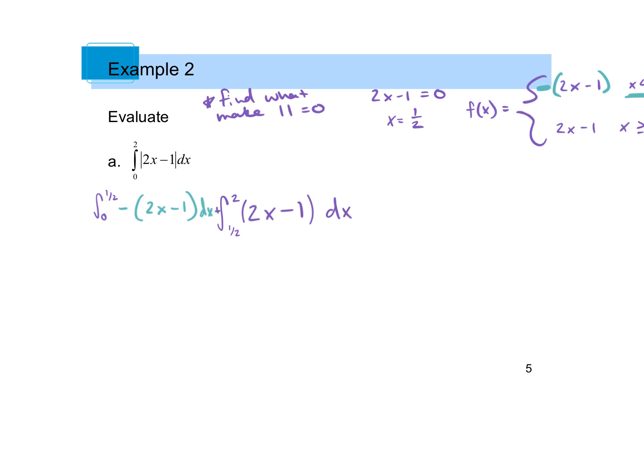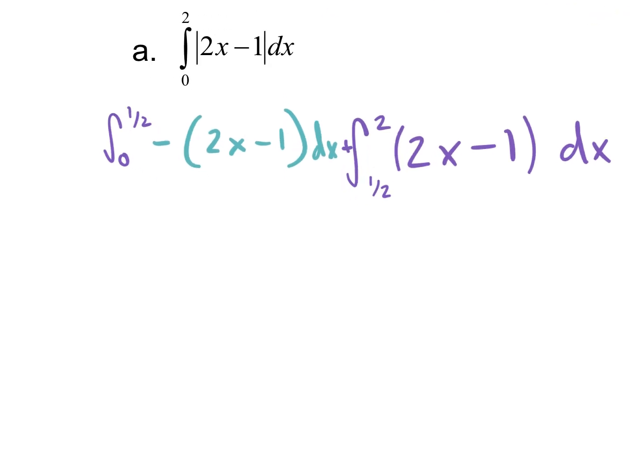We're just adding these two together. So anytime we have an absolute value, you want to find what makes it equal 0, split it up. One part's going to be negative, the other part has to stay positive. But it does matter which one you turn negative, so make sure you double check. Plug in a value and see where the sign changes. That's the one that you make negative.